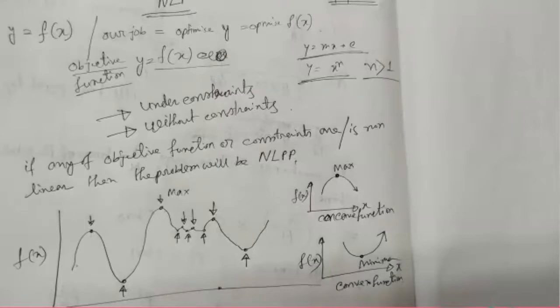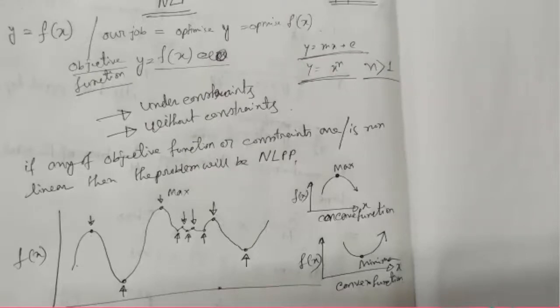So in all these cases, y or f(x) is varying with higher order terms of x. The order is greater than 1. It might be from 2 to infinity, the order of x.